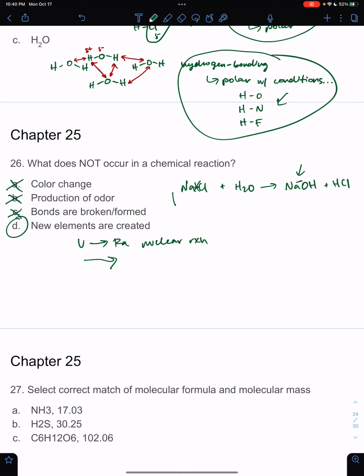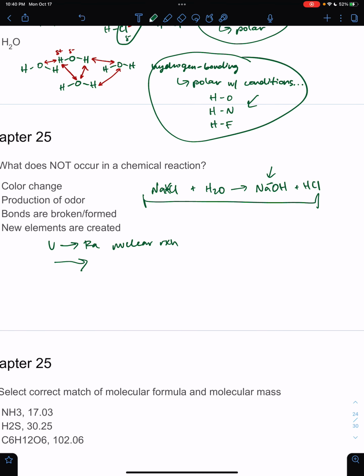See, like this one, the bonds broke and new bonds formed, but there were no new elements formed. There's one sodium, one chlorine, one chlorine. And this one's kind of tricky.